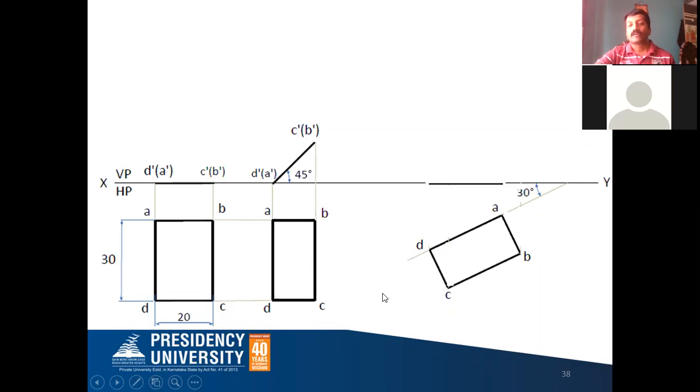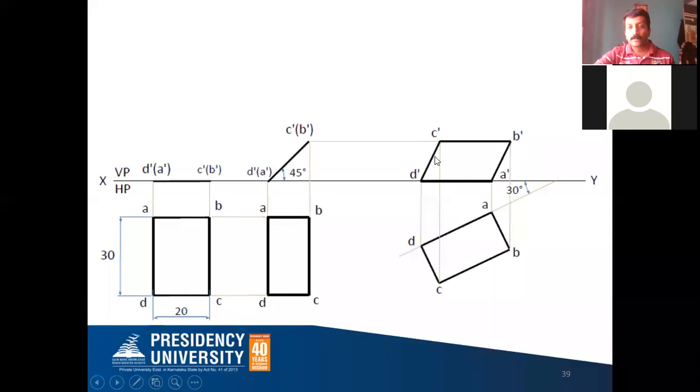Coming to the front view, you keep on drawing the vertical projectors from all the points and draw the horizontal projectors also from the previous front view. Now you identify the points. A is here, A dash is here, this is A dash. B is here, B dash is here, this is B dash. C is here, C dash is here, this is C dash.